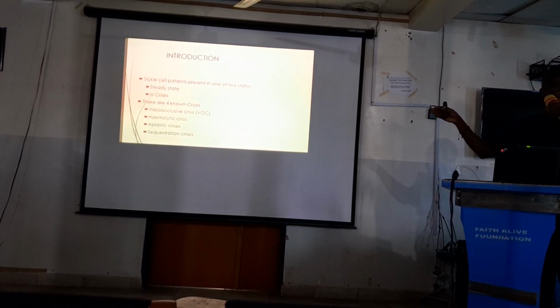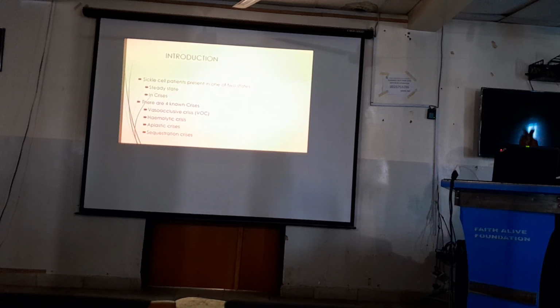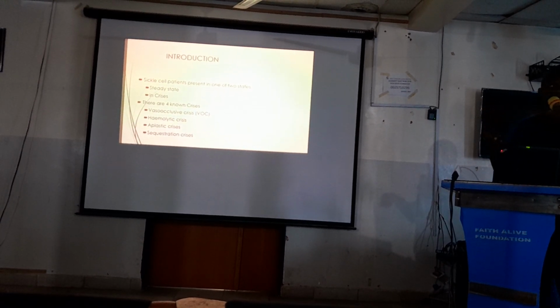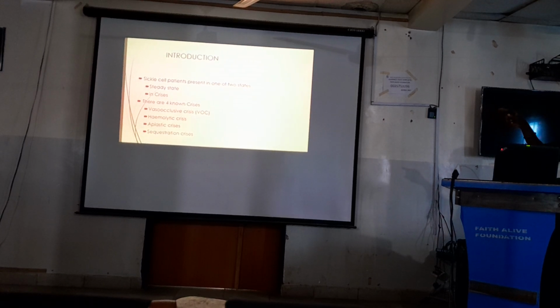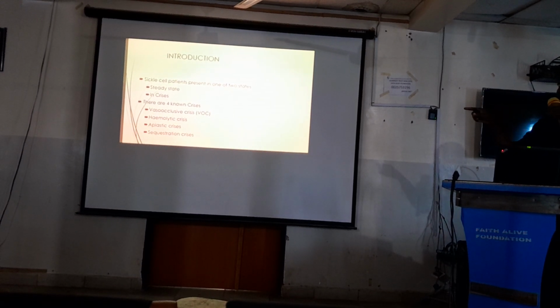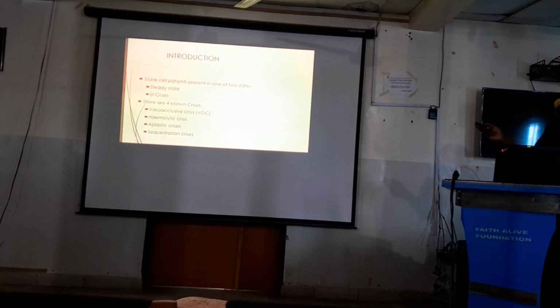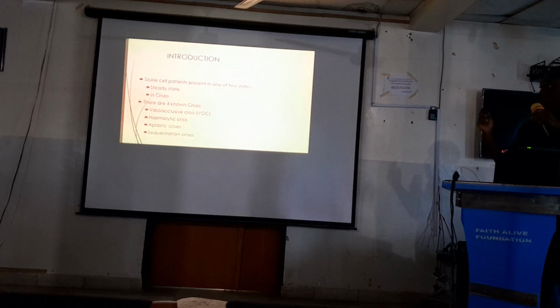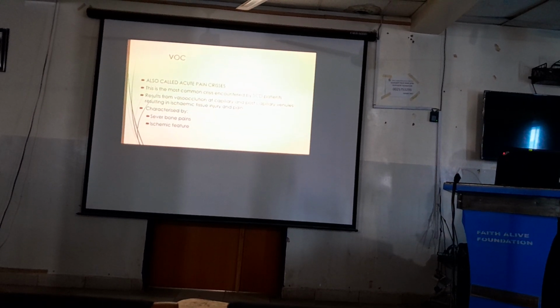There used to be five, but now we talk about four crises. Vaso-occlusive, which is what we'll be talking about today, and then we'll have the hemolytic crisis, aplastic crisis, and sequestration crisis. I assume we know what these are and go straight to the one we're talking about, vaso-occlusive crisis.